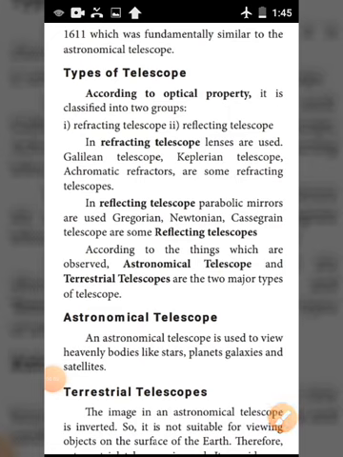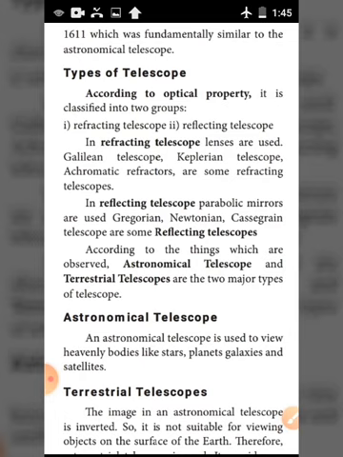Now I ask some questions to you. Dear students, listen well and say the answer. What are the types of telescope based on optical property? Based on optical property, the telescope is classified into two types. One is a refracting telescope, another one is a reflecting telescope. What are refracting telescopes? Galilean telescope, Keplerian telescope and achromatic refractors.